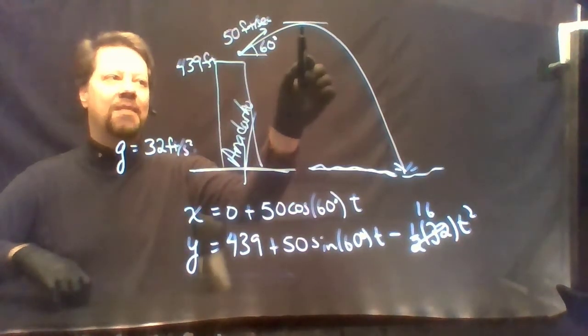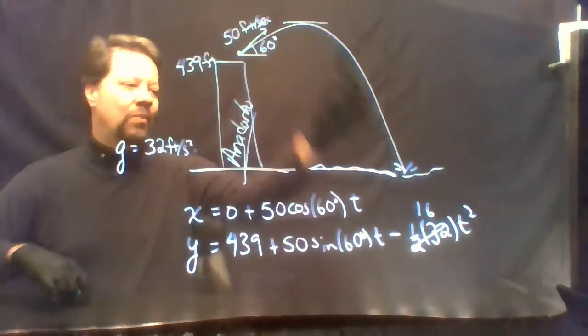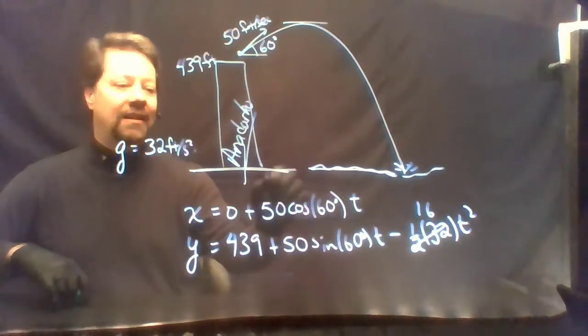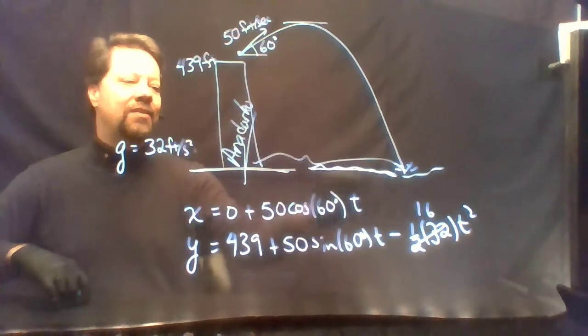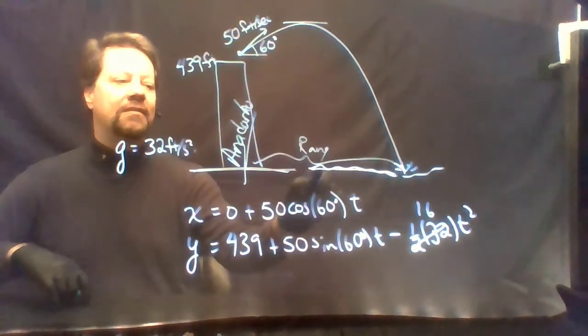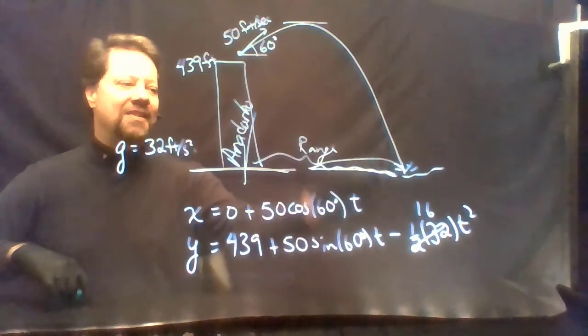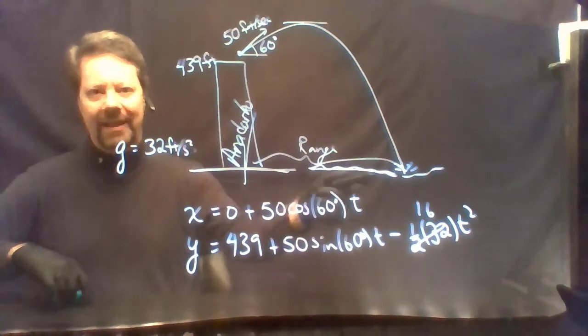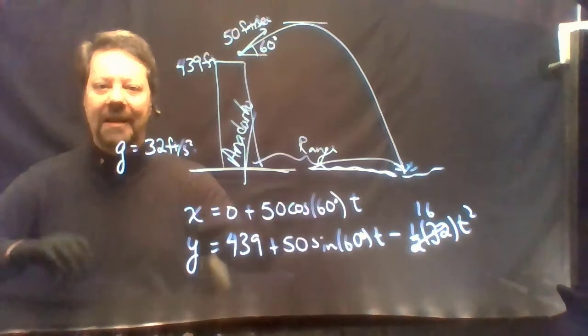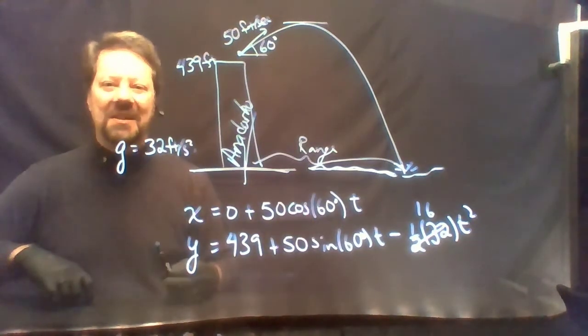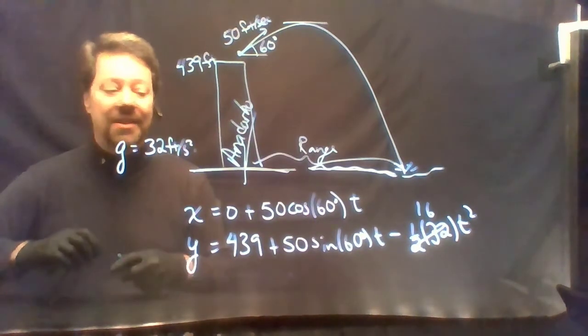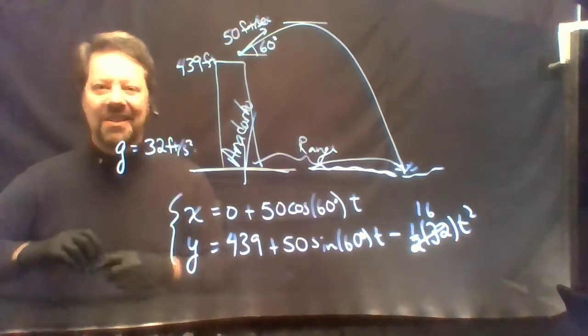When does it reach the maximum height? When does it hit the ground? How far horizontally does it travel? What is the range when it hits the ground? How fast is it moving when it hits the ground, well, I said water, when it hits the pond? We can answer these questions from these equations.